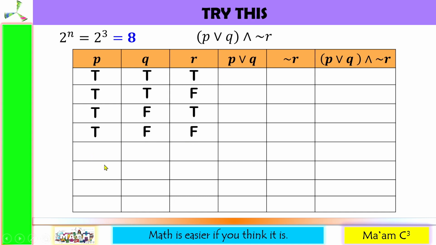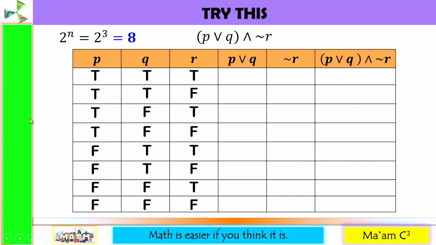P is false, Q is true, and R is true. P is false, Q is true, and R is false. P is false, Q is false, and R is true. And the last possible combination is all P, Q, and R are false.